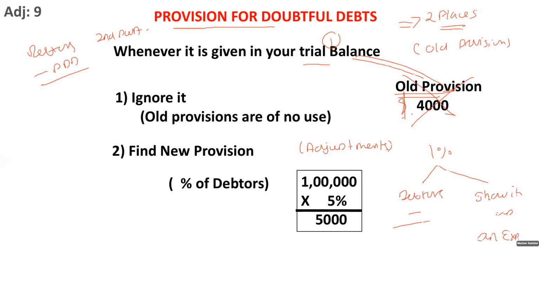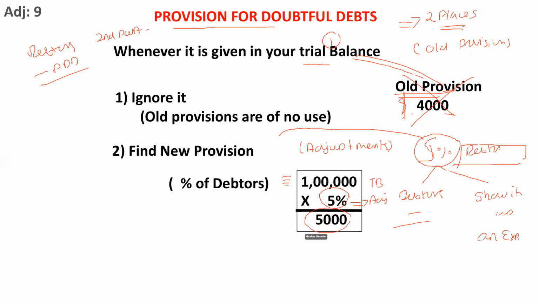Now, when they say that you provide for 1% provision for doubtful debts, that means 1% of what? 1% of debtors. Your debtors will be given to you in the trial balance. The percentage, 1% or 5%, will be given to you in the adjustment. So you create a provision here of 5,000.